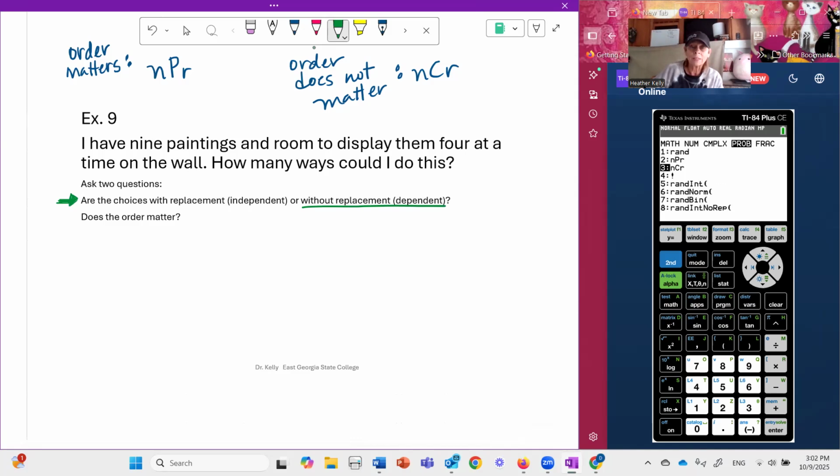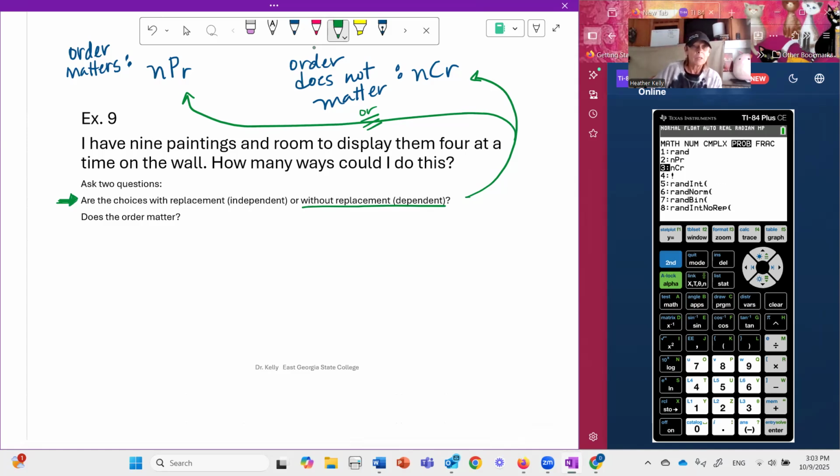Now, the fact that it is without replacement is what lets you know it's either going to be this one or that. If it was with replacement, we would just be multiplying 9 times 4 or whatever. Okay, but this is without replacement.